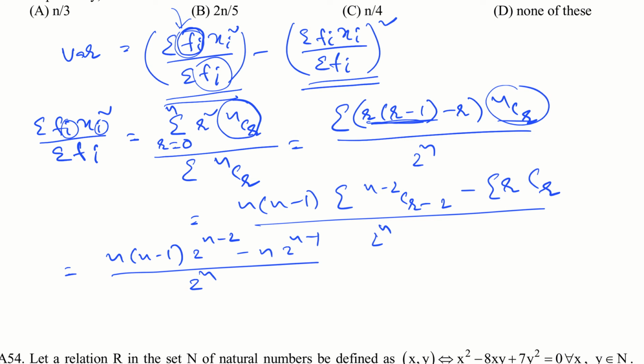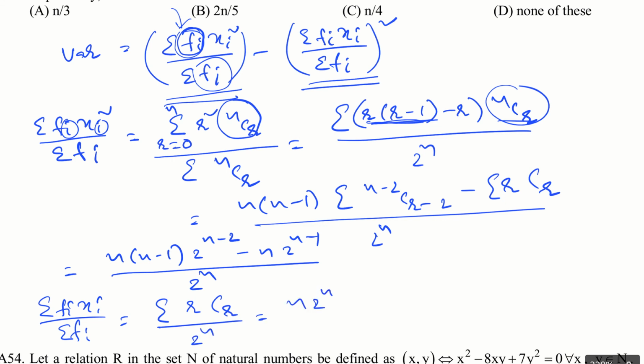Similarly, let me calculate sigma fi xi by sigma fi. So I'll have it as sigma r nCr by sigma nCr, which is 2 power n. So it is n into 2 power n minus 1 by 2 power n.